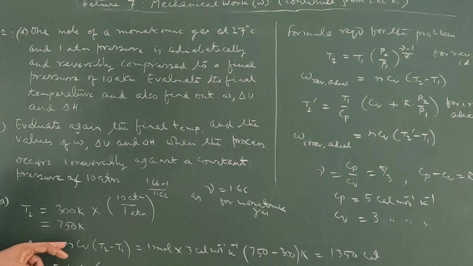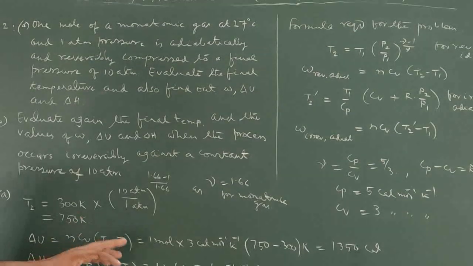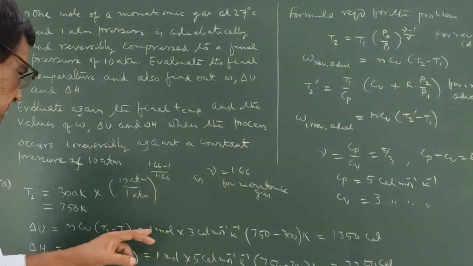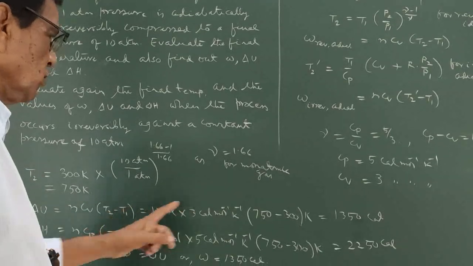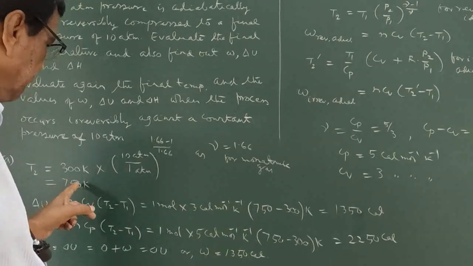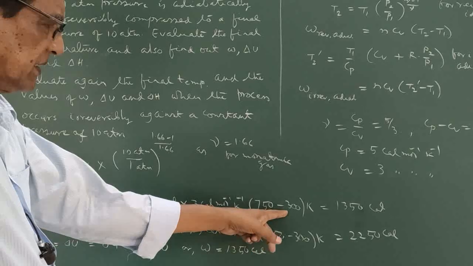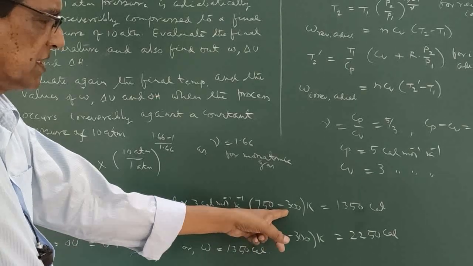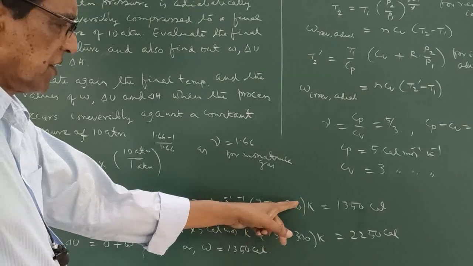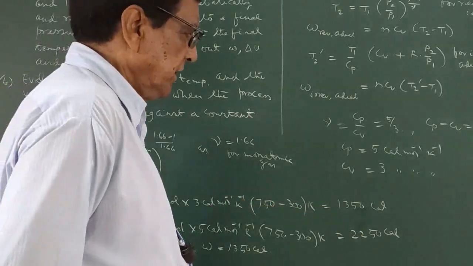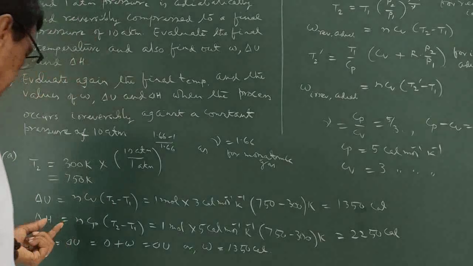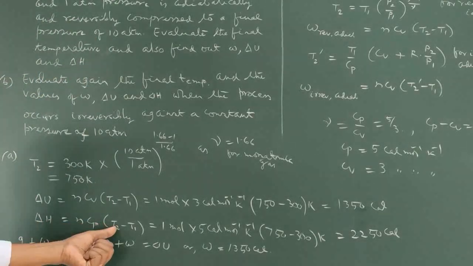Delta U equal to nCv (T2 minus T1), n is 1 mole and Cv 3 calorie mole inverse Kelvin inverse, and T2 is 750, already calculated, and the initial temperature is 300 Kelvin. So this is 1350 calorie. Delta H equal to nCp (T2 minus T1).